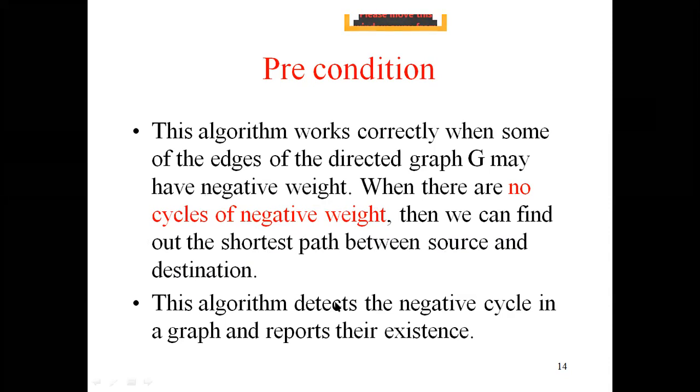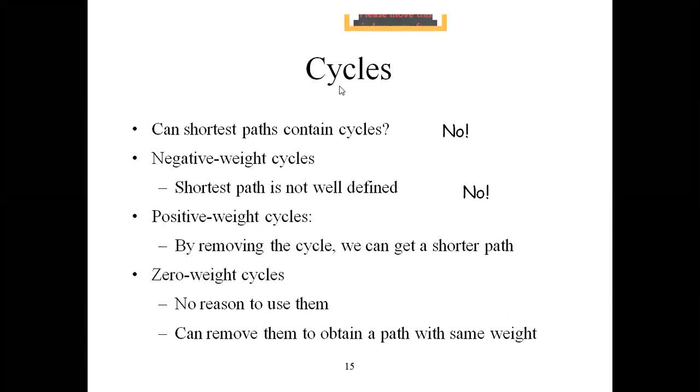This algorithm detects negative cycles in a graph and reports their existence. So by using the Bellman-Ford algorithm, we can find whether a negative cycle exists in the graph. What is the concept of these cycles? Can shortest paths contain cycles? No, that is not allowed. Negative weight cycles: shortest path is not well defined for negative weight cycles.